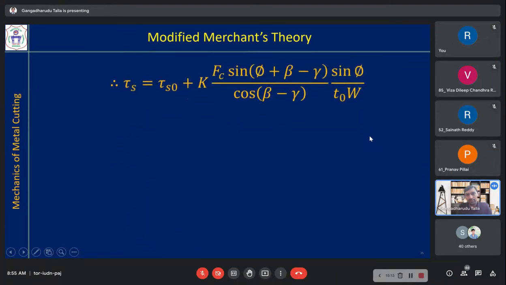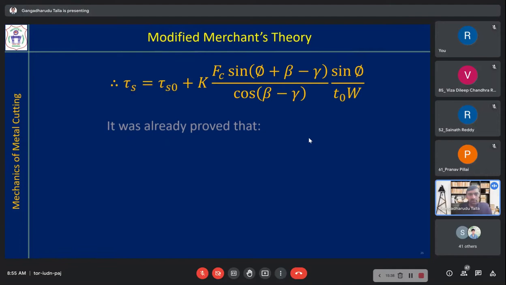Now tau s will become like this: tau s0 plus K into Fc sin phi, this is nothing but the Fn value, divided by As.